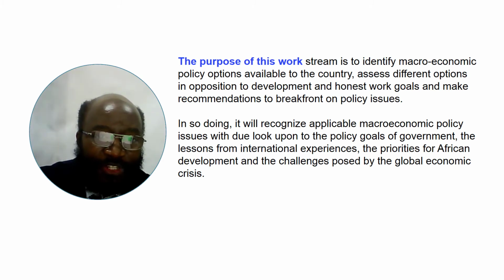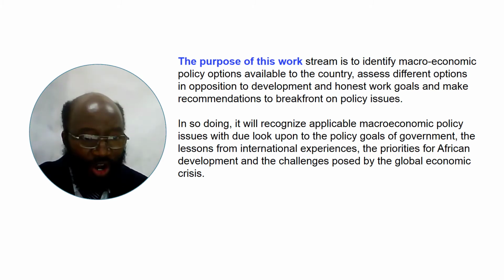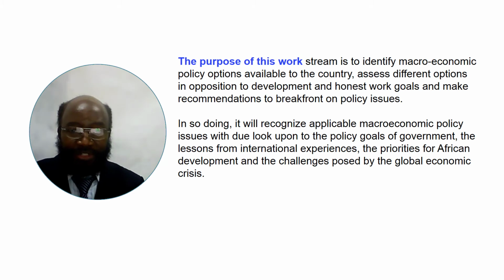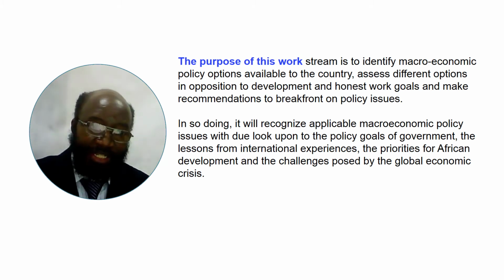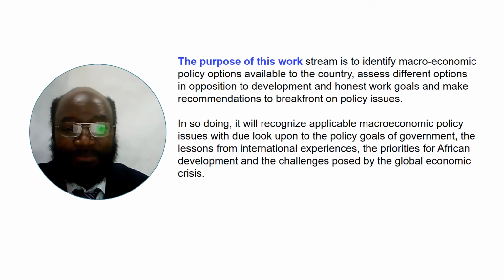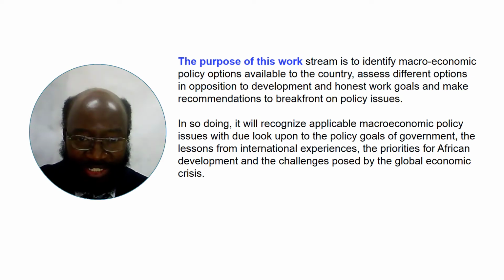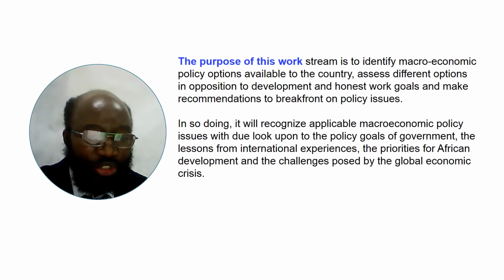The purpose of this work stream is to identify macroeconomic policy options available to the country, assess different options in relation to development and growth goals, and make recommendations to cabinet on policy issues.